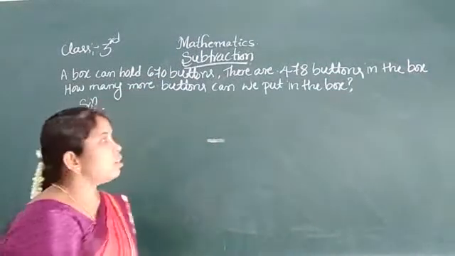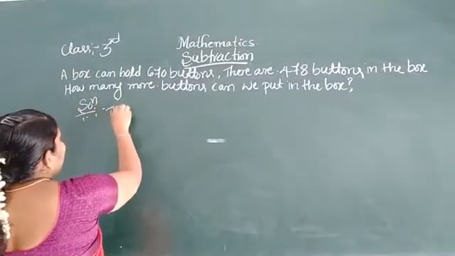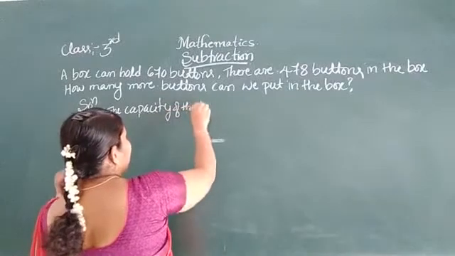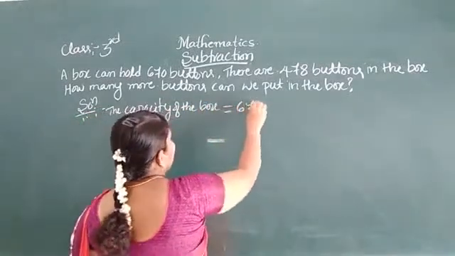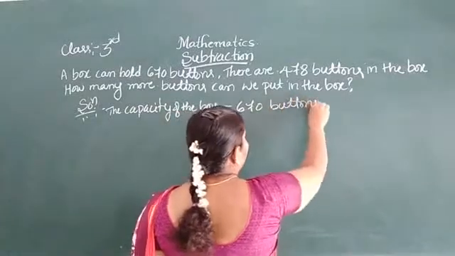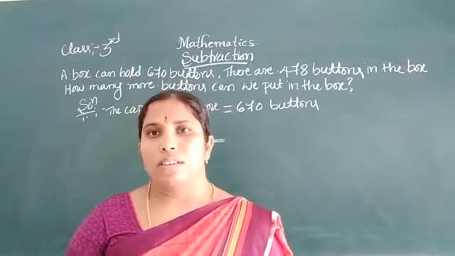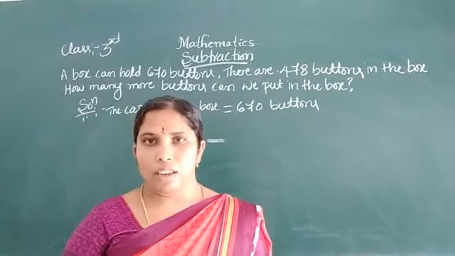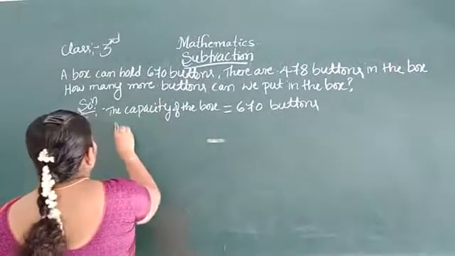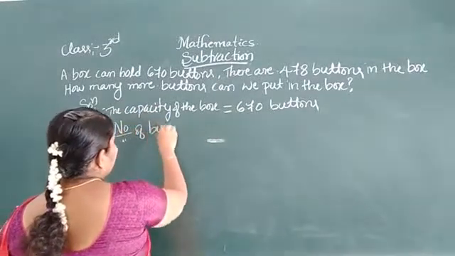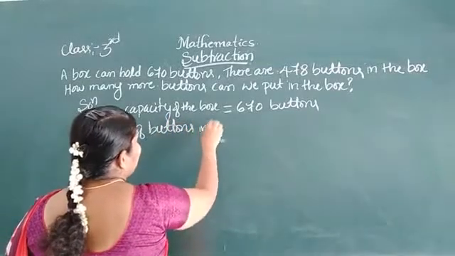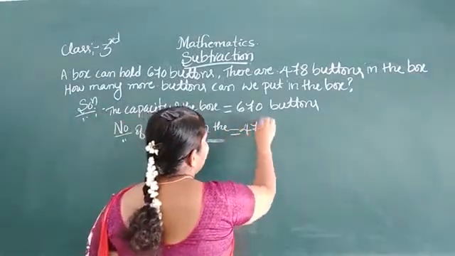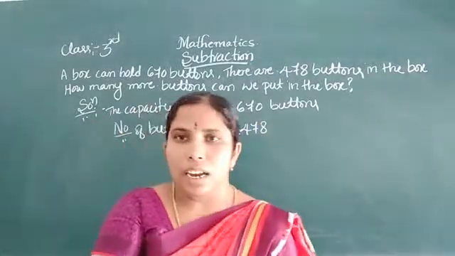That means the capacity of the box equals 670 buttons, and the number of buttons in the box is equal to 478.